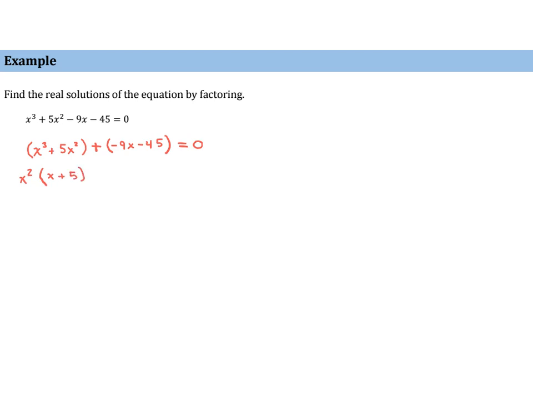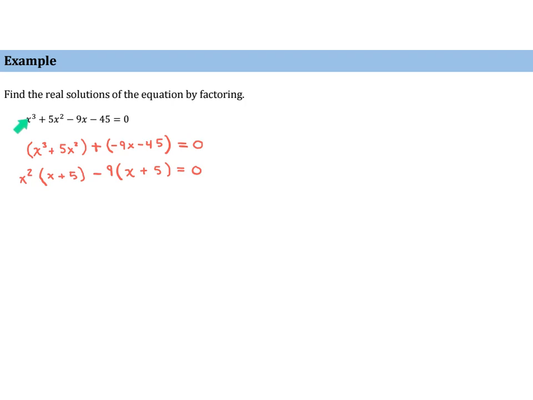Out of the second grouping, we have a -9x minus 45. 9 goes into both, but since this leading coefficient is negative, we factor out a negative version of that GCF. So -9. And what would we be left with? X plus 5.